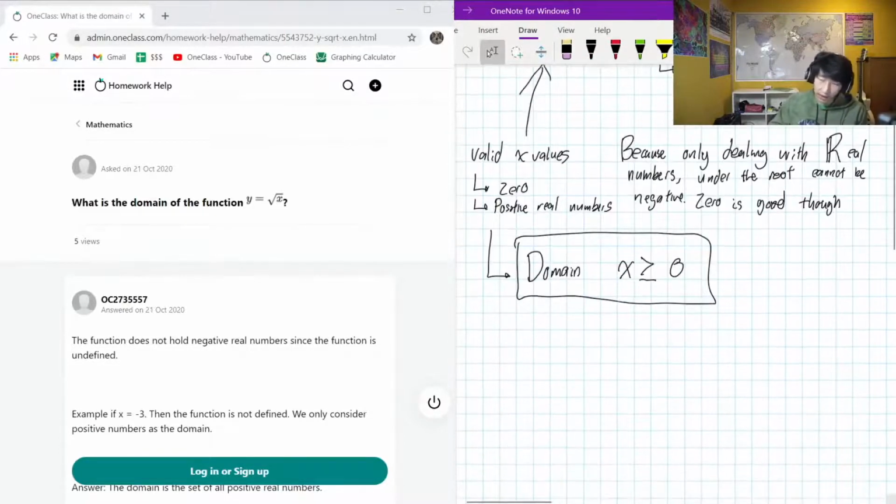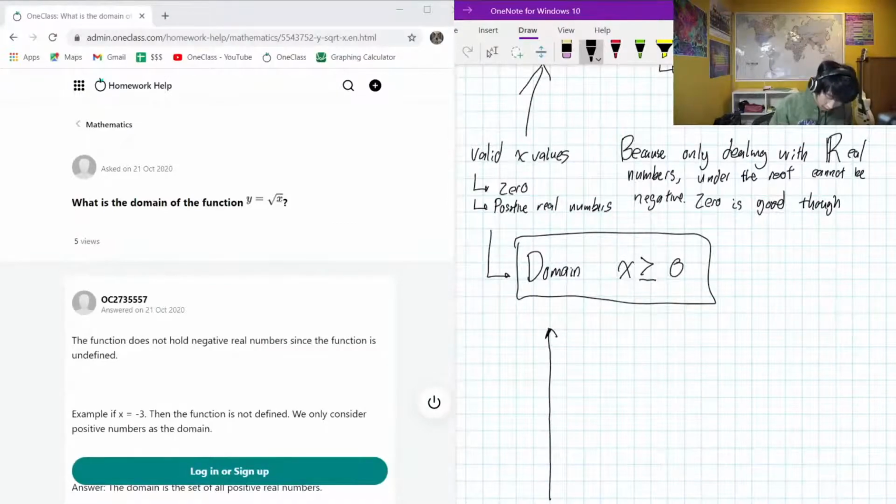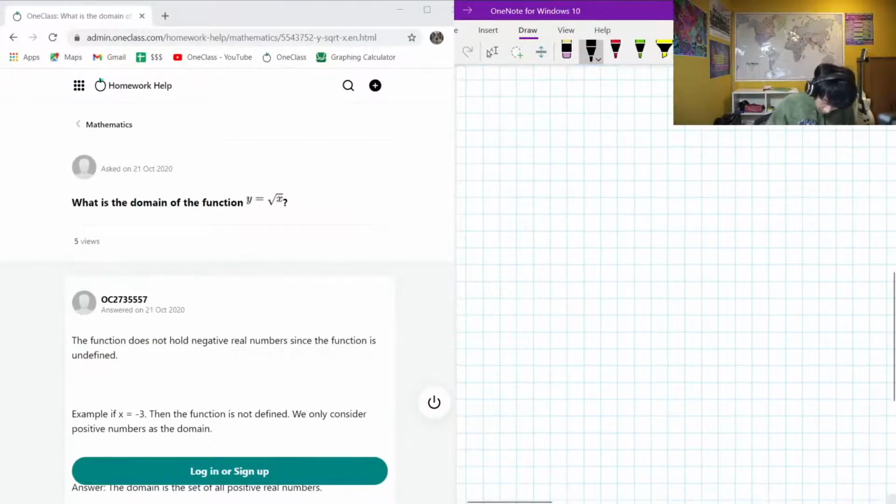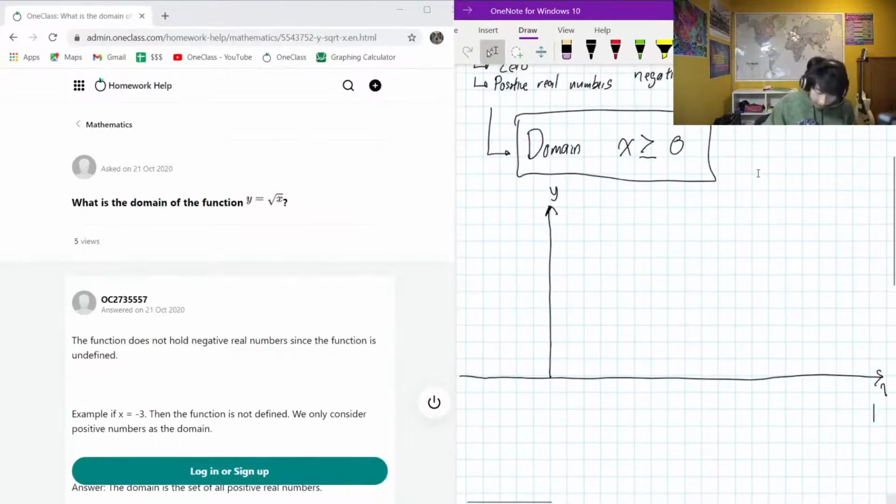And that would be the domain. Okay, graphically, what that is going to look like, if we were to draw this function. So if this is our y, and perhaps this is our x. Whoa, let's go back here.